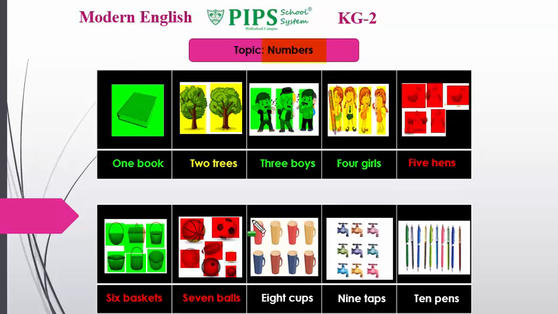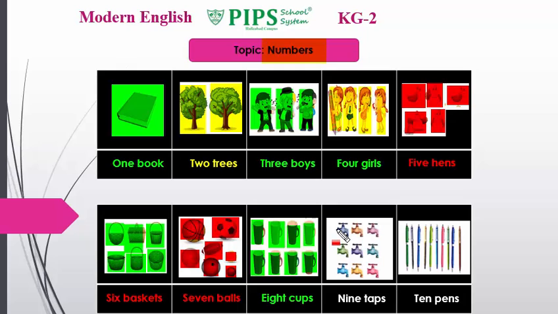Here are cups. How many cups are there? Count with me. 1, 2, 3, 4, 5, 6, 7, 8. There are 8 cups. Here are taps.